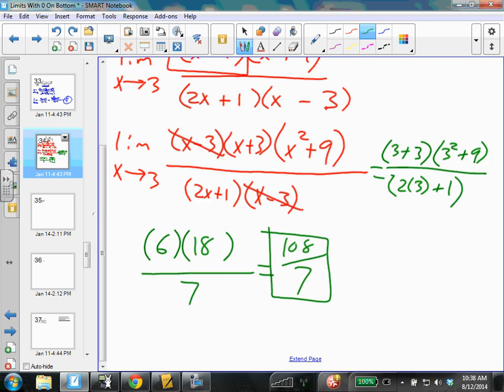For a limit to approach, right? So you're like, where's this one going to go? 108 over 7. But it's one of those things, when you start to simplify some of the different things that we're going to do, techniques that we use to simplify, you can get some pretty strange numbers, okay? So that can happen.